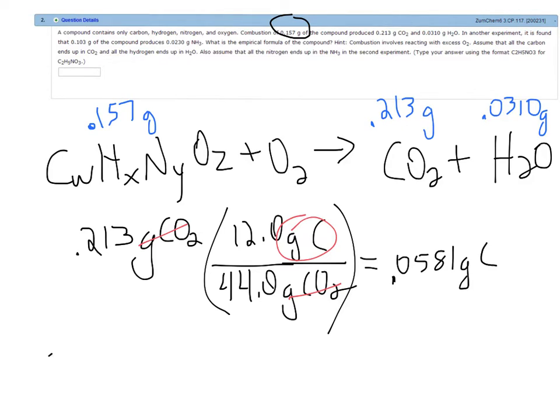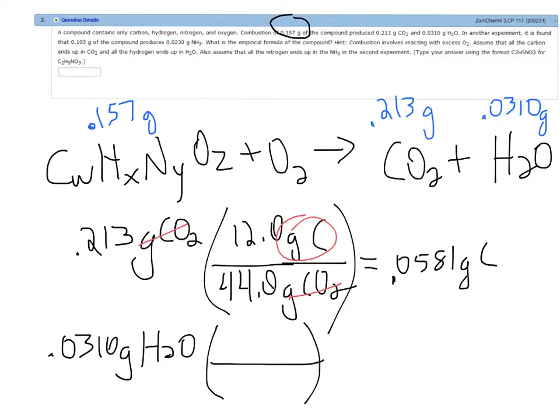Similarly, we'll do a calculation for the hydrogen within water. They tell us you've got 0.031 grams of water. Water's molar mass would be found by adding the atomic weights of one oxygen atom and two hydrogens. So 16 plus 1 plus 1. That gives you 18 grams.